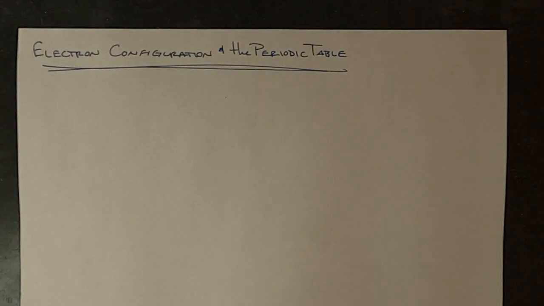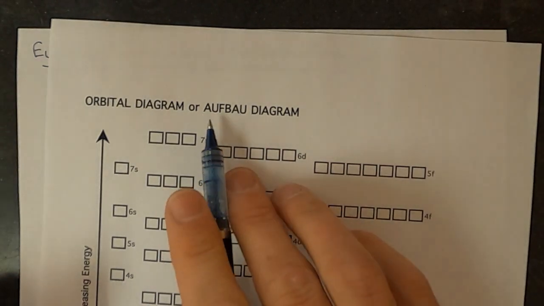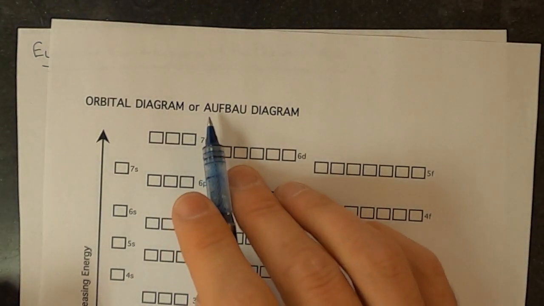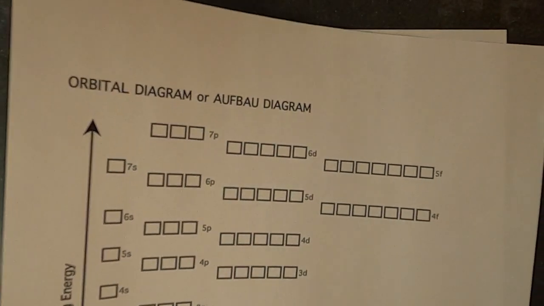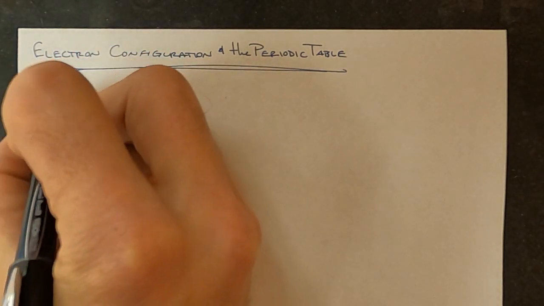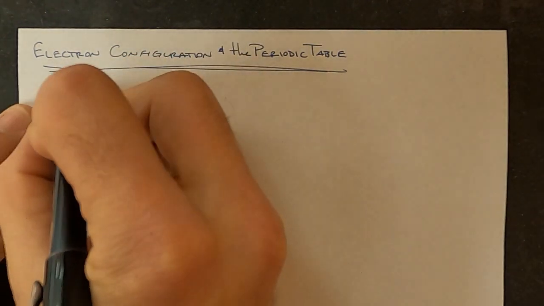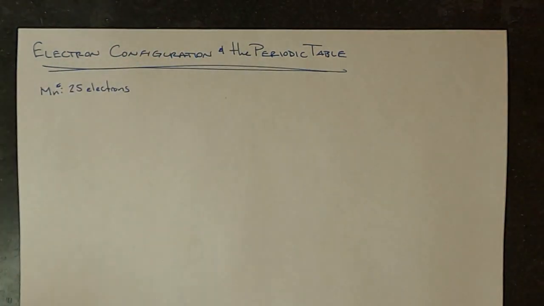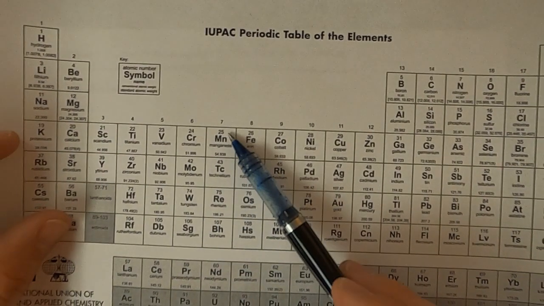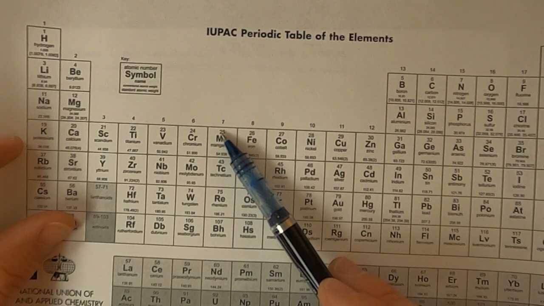Now, up until this point, what you've been needing to use to write an electron configuration has been an Aufbau diagram. For example, for an element like manganese, when it's neutral, it has 25 electrons. You know that because its atomic number is 25, so it has 25 protons, and to be neutral, it needs 25 electrons.